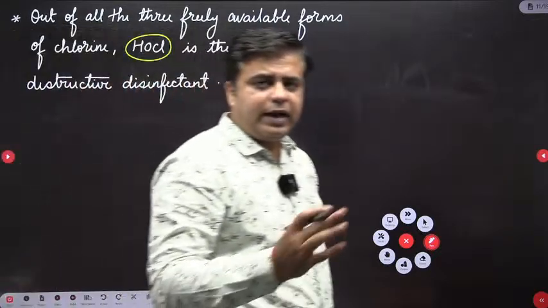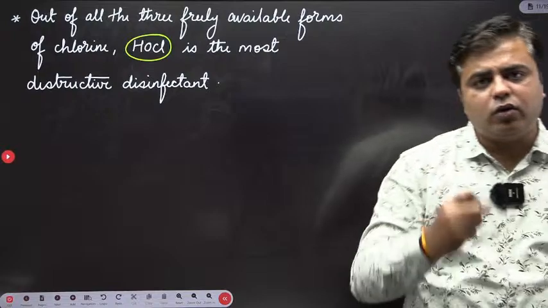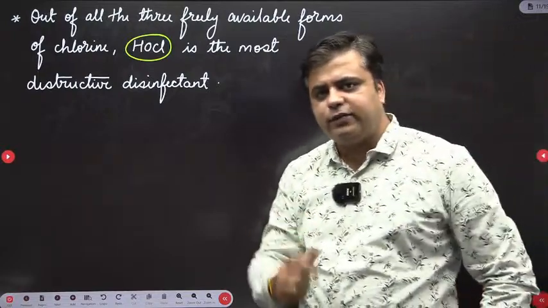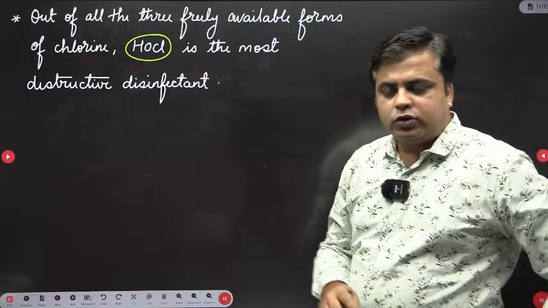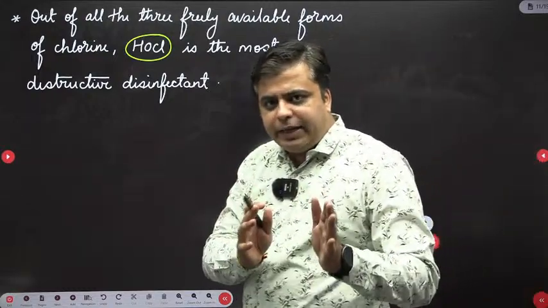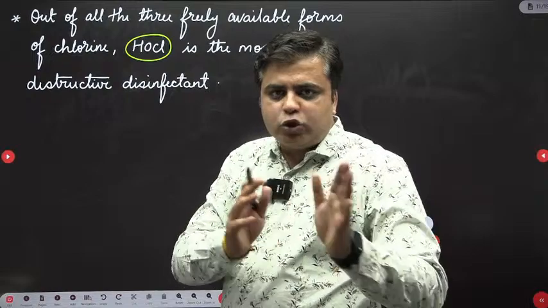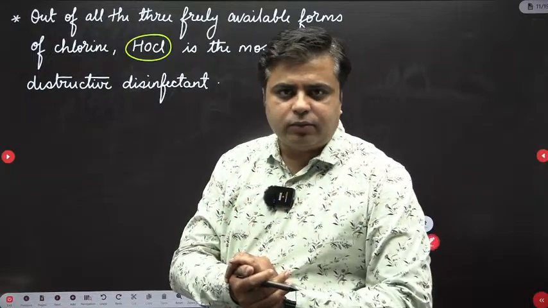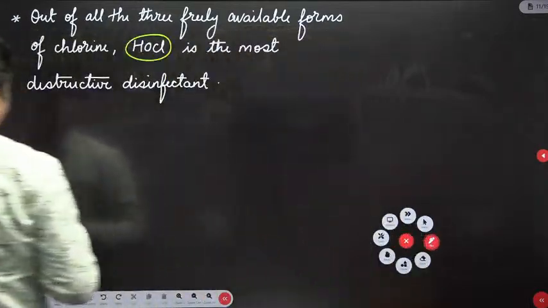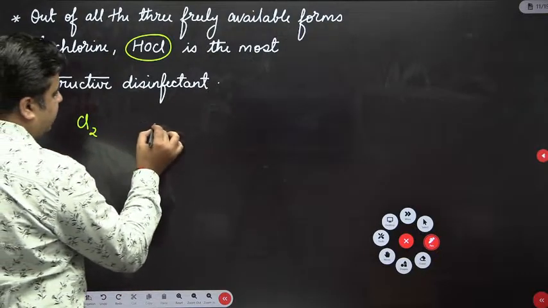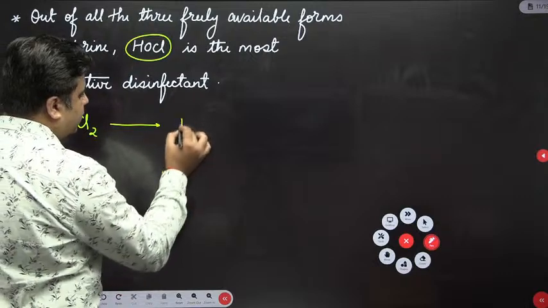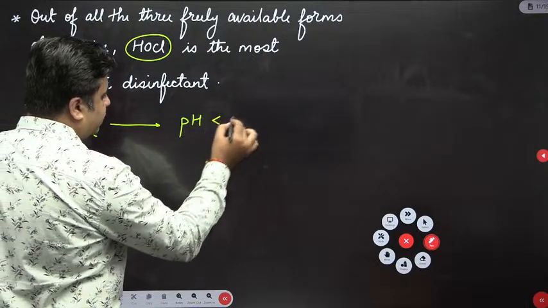So if we are adding chlorine, we want all the disinfection to be carried out by this HOCl. So simultaneously we maintain the pH in such a way that HOCl predominates in the system. If you look into the different forms of chlorine, free chlorine is available when the pH of the water is less than 5.